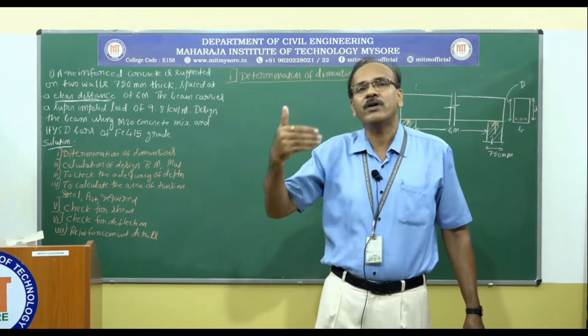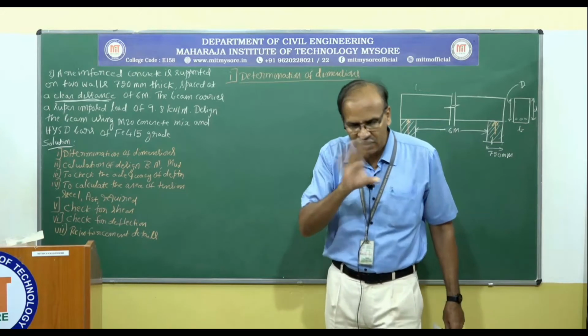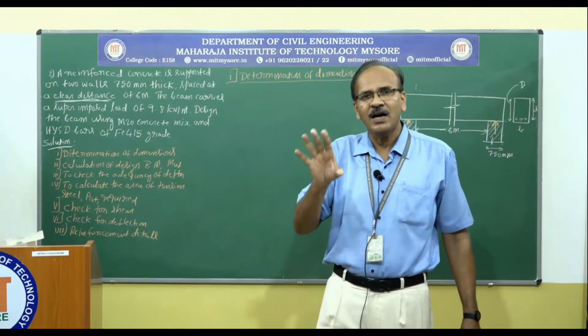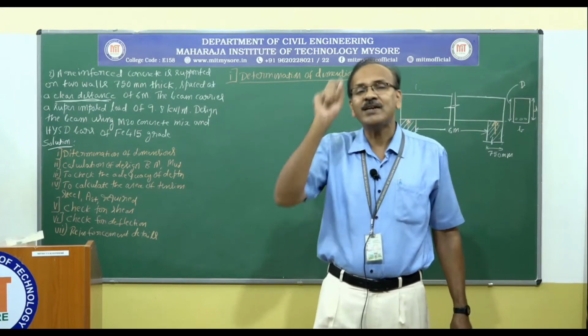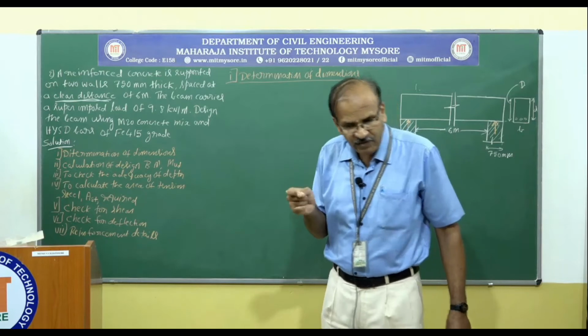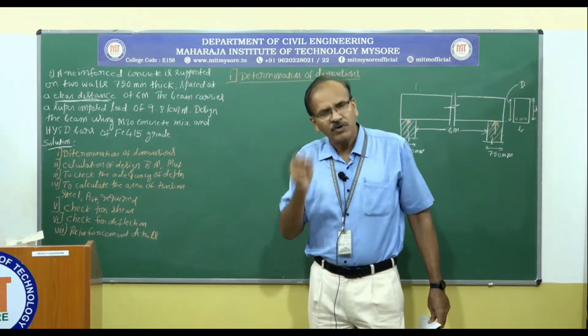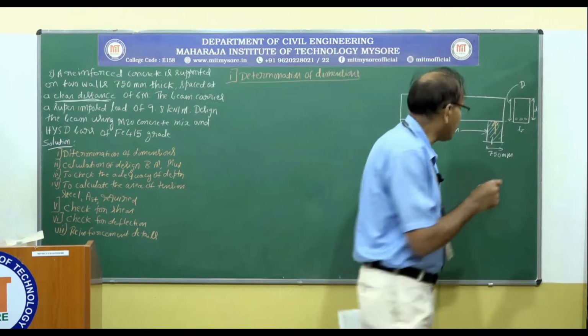Any other dead load like wall dead load, that is not given. So once that is not given, we are not going to take it. However, we have to include the self weight of the beam. So if you need to include self weight of the beam, you need the dimensions, overall dimensions.